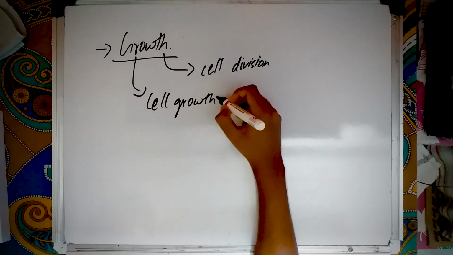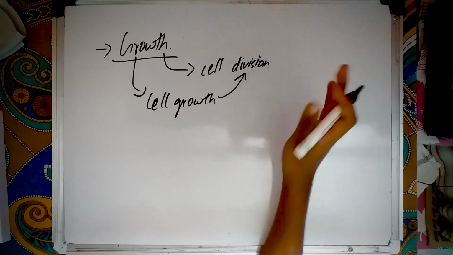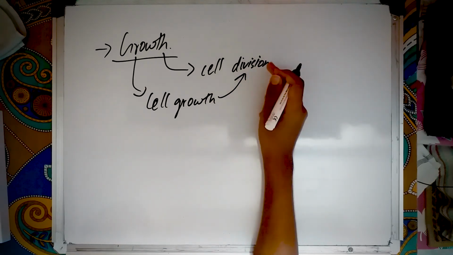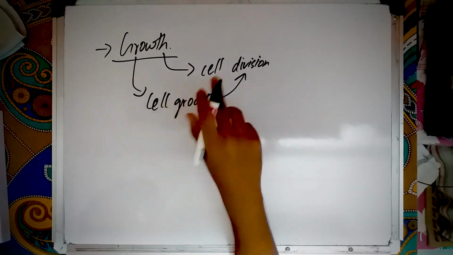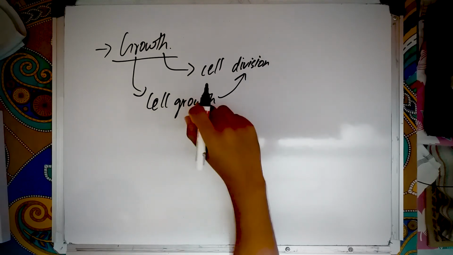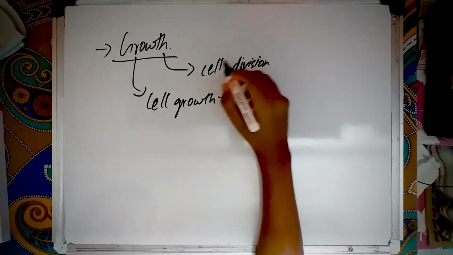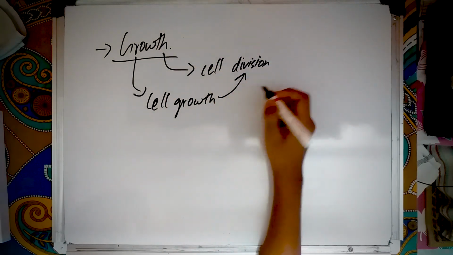For small organisms, cell growth means cell division. They grow, then they divide. That is a method of reproduction as well, and the growth. So living organisms grow by cell division and, to an extent, cell growth. But why isn't this the defining feature of living organisms? It is because even non-living things grow.